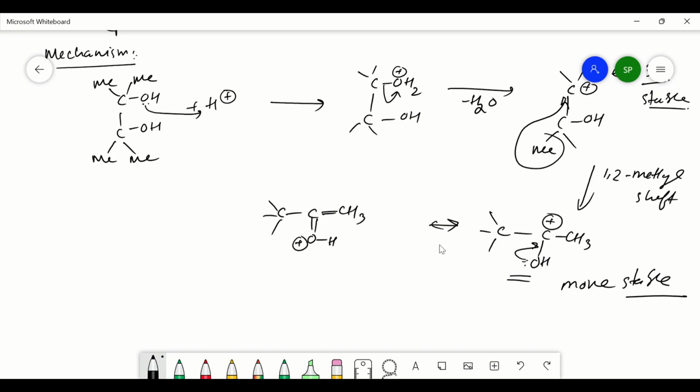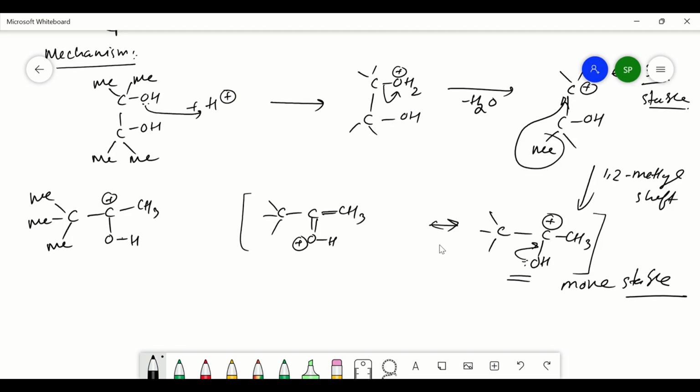This is resonance stabilized. Now, from this, if you see 3 methyl groups attached, single bond carbon, single bond OH, carbocation, single bond CH3.